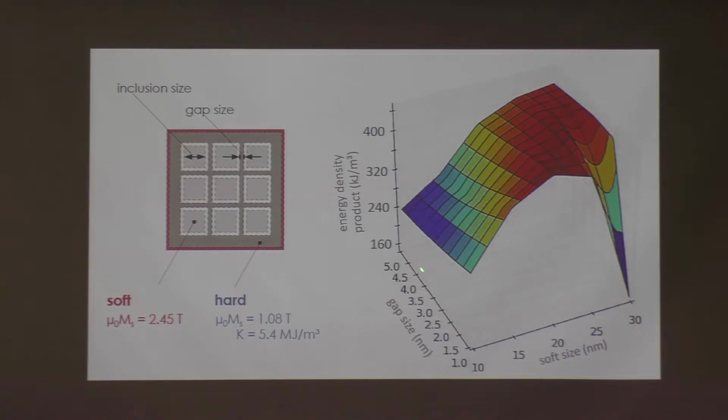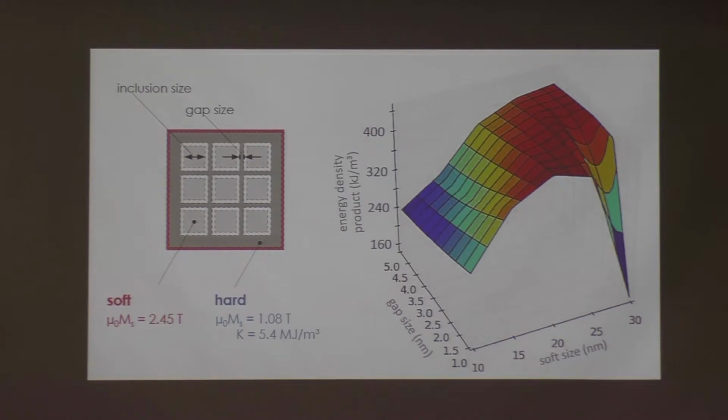And similarly, if we look at the gap size between the soft inclusions, so the thickness of the hard magnetic layer, we see that the thinner the hard magnetic layer, of course, the more volume fraction of soft phase we have. But if it becomes too thin, maybe we also lose coercivity.